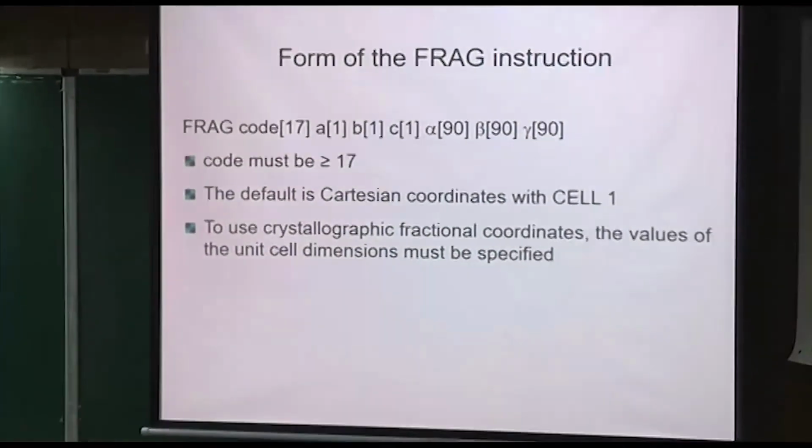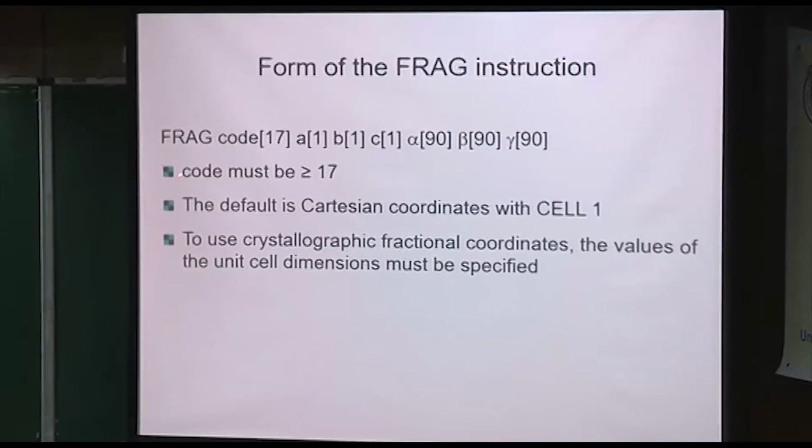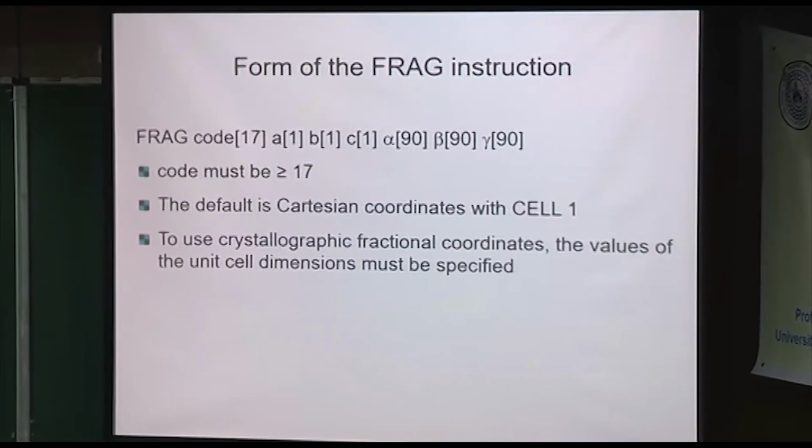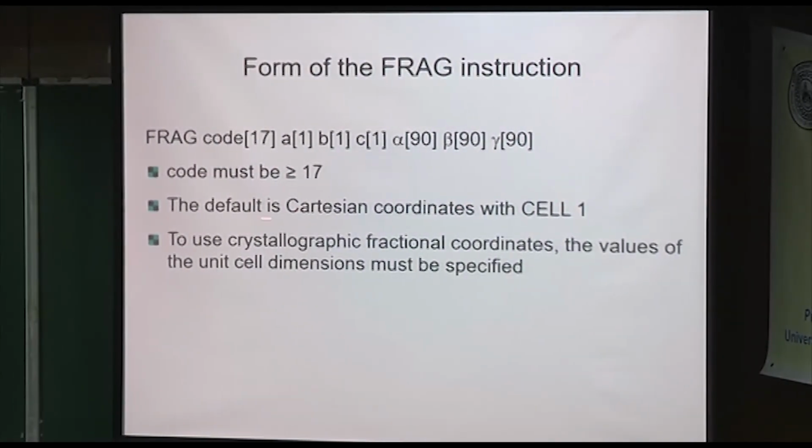So you create a fragment, and then you paste it in. And if you use the Cartesian coordinates, you can just put them at the beginning of your atom list, for example, with frag in front of the first atom of the list.